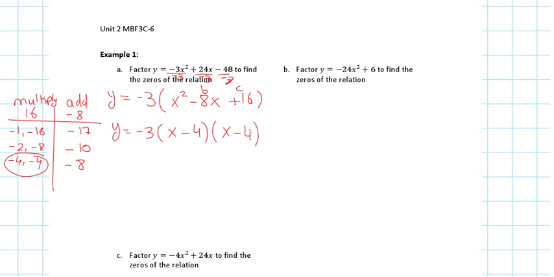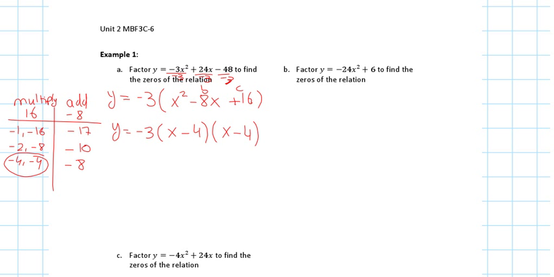Now, could you write that as negative 3 bracket x minus 4 squared? What do you guys think? Can I write it like that? Yes, because these are exactly the same thing, right? I can. But for now, let's leave it like this.